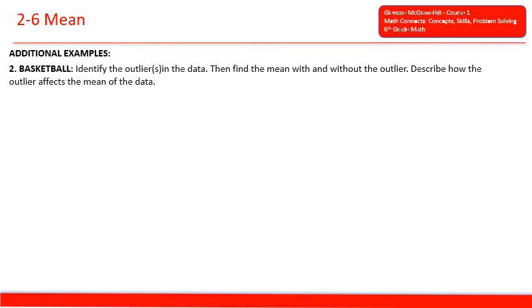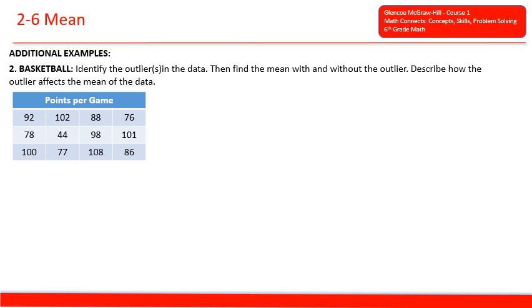Identify the outliers in the data, then find the mean with and without the outlier. Describe how the outlier affects the mean of the data. So here's our data, points per game. With the outlier, we'll add all those up from that table and divide by 12. And we get 1,050 divided by 12, 87.5 points per game.